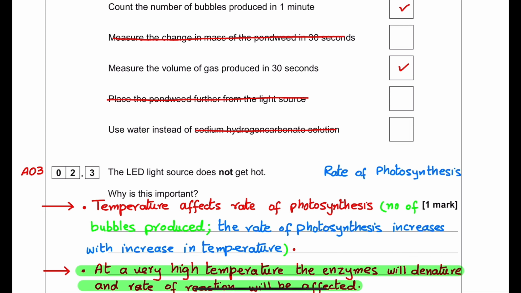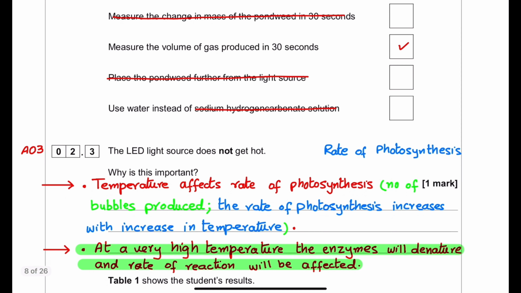First is the temperature affects the rate of photosynthesis. Now the question comes in the student's mind, how does the temperature affect the rate of photosynthesis? The answer is very simple. If the temperature is increased, the rate of photosynthesis will increase and the number of the bubbles will increase, and it can affect the rate of photosynthesis.